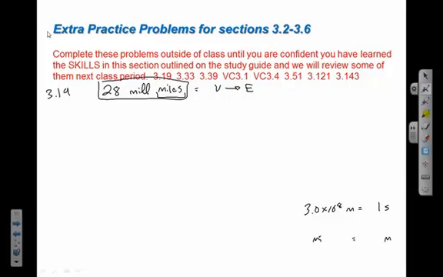So that will convert distance to time. If we want to know how many minutes that's going to take, I also probably want to take this million and express it numerically. 28 million, I could express that as 28 times 10 to the 6th, or 28,000,000 miles.